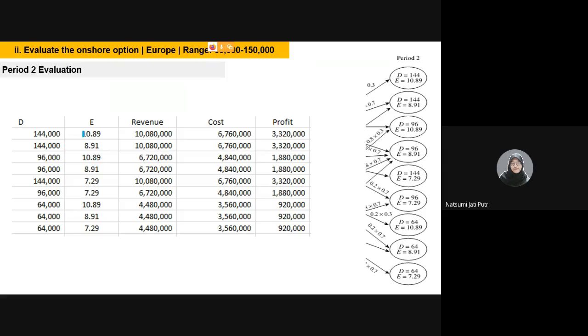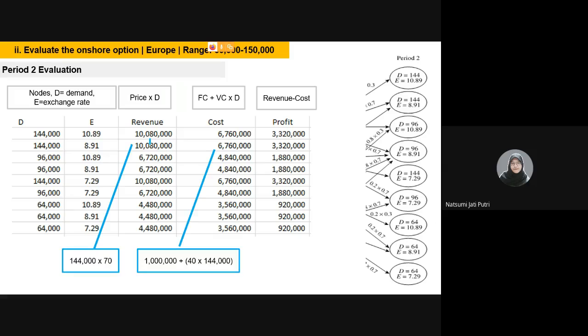So the next step is we need to evaluate the further period, which is period 2. These are 9 nodes.